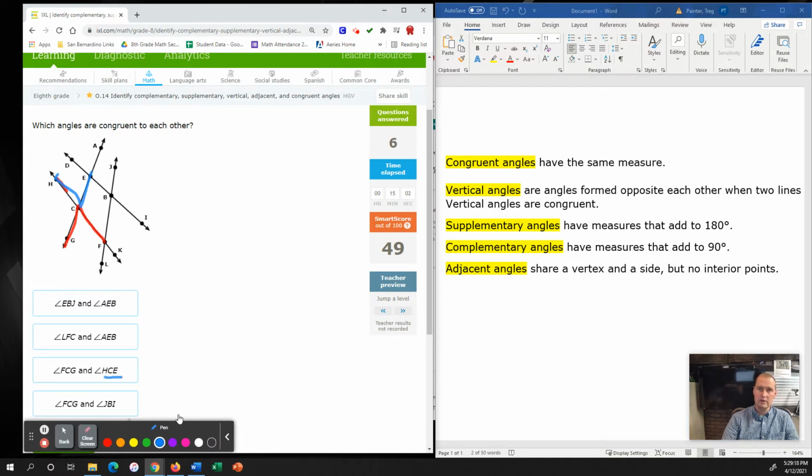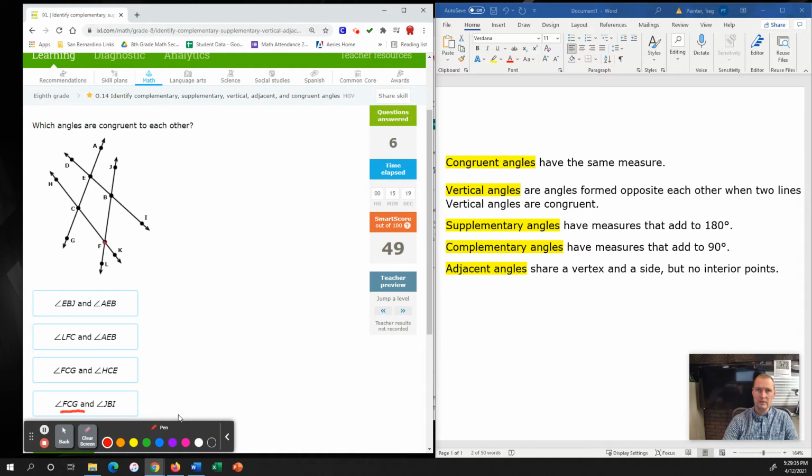Oh, there it is. Perfect. So HCE is there, and that's the one we just did, which was FCG. So that one works. Now, I'm going to come back to that one and see what happened to the last one, because this is a good way of checking to see if I get it right or wrong. So this last one should technically be wrong.